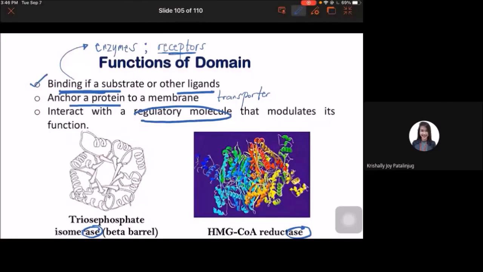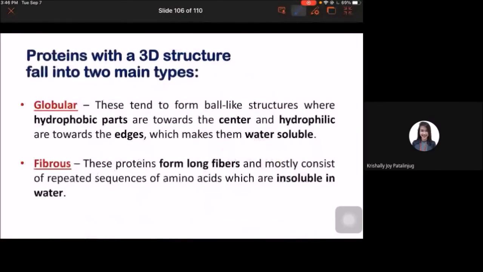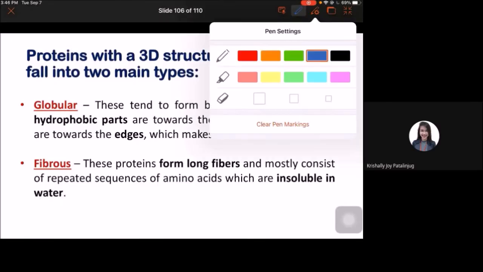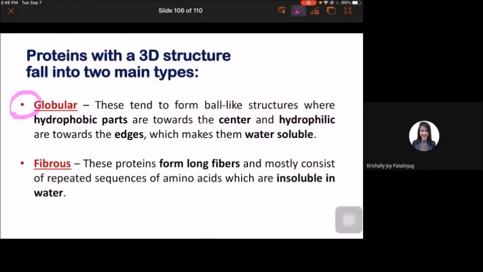Tertiary structure yung pinapresent nila dyan. Okay? Now, yung proteins, okay, with three-dimensional structure, they actually fall into two main types. Okay? So, with regards to this slide, meron tayong thorough discussion on this, ha? Nakasulat man po sa task sheet number 4, di ba?